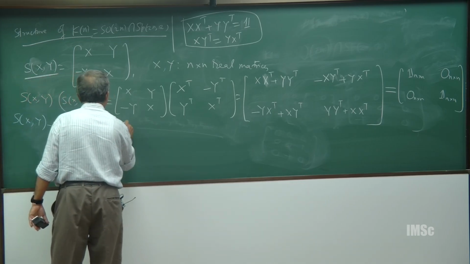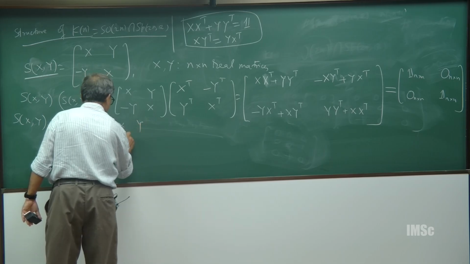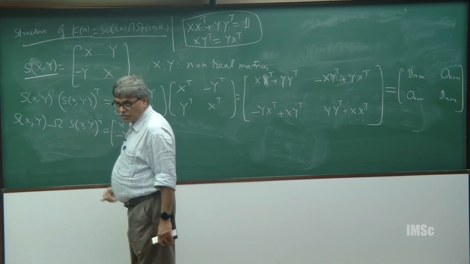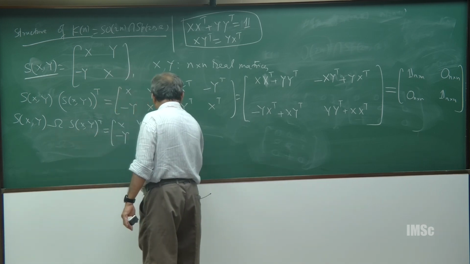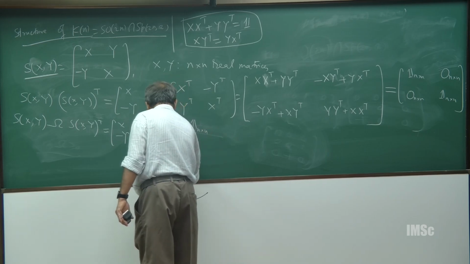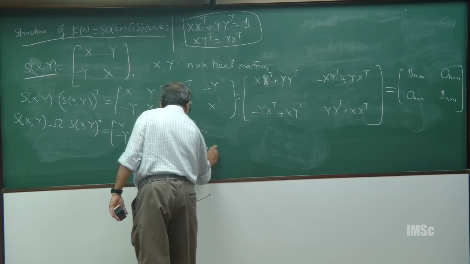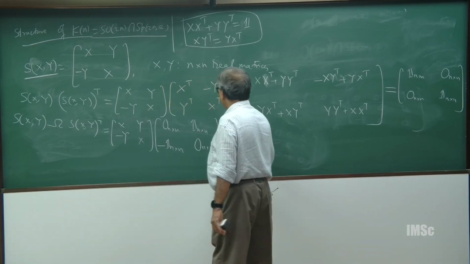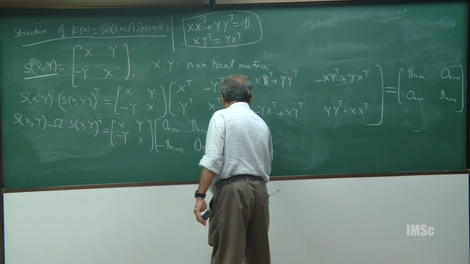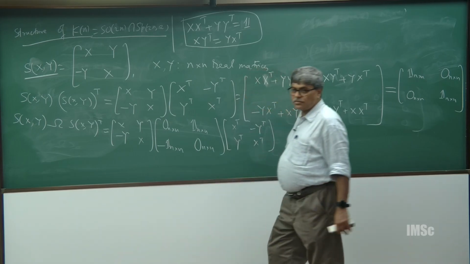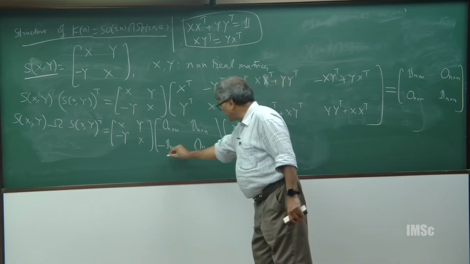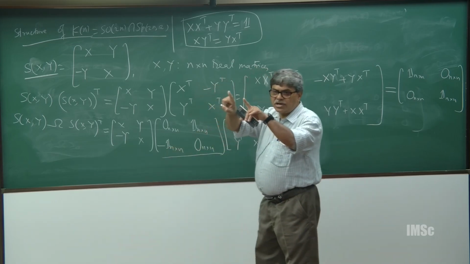So, this is x y minus y x, and then omega is what? 0 n by n, identity n by n, minus identity n by n, and 0 n by n, right. And this is again x transpose minus y transpose x transpose. So this omega is defined to be this matrix, this is my omega. This is the canonical skew matrix.